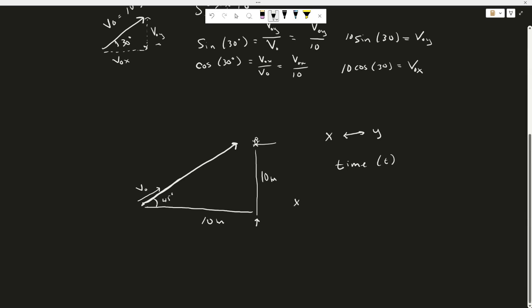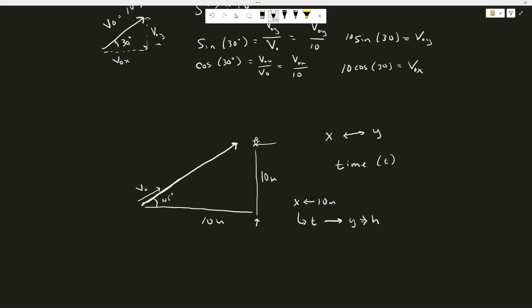So we would use the x direction and put in 10 meters, solve that for time, and then plug that time into the y direction, and that would equal our height. So this process is how we can solve any of our motion problems in multiple dimensions. We just solve one dimension for one thing and plug it into the other dimension. That thing is usually time.